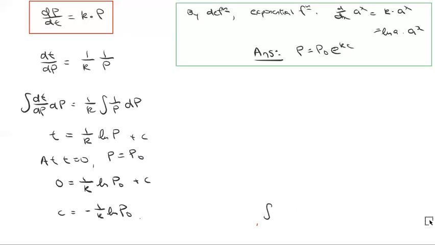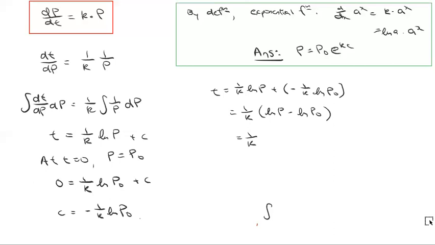So now your T is 1 over K log P plus negative 1 over K log P0. So you can think of this as 1 over K log P minus log P0. And what can you recognize that we could do with that?